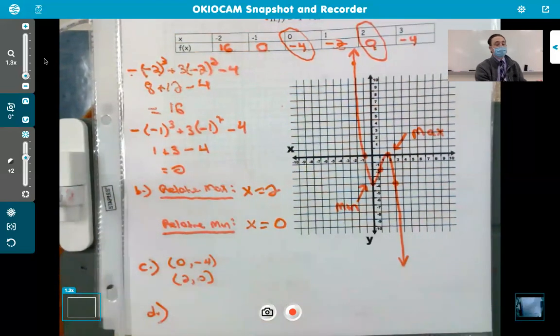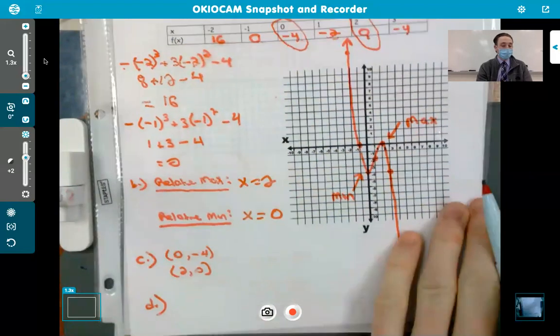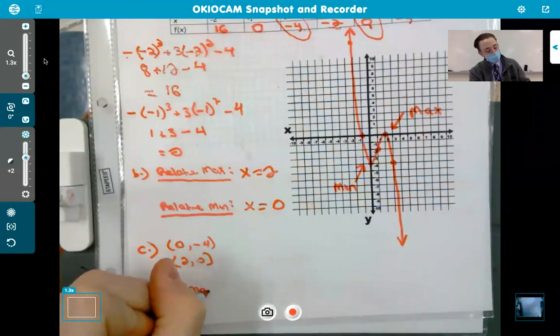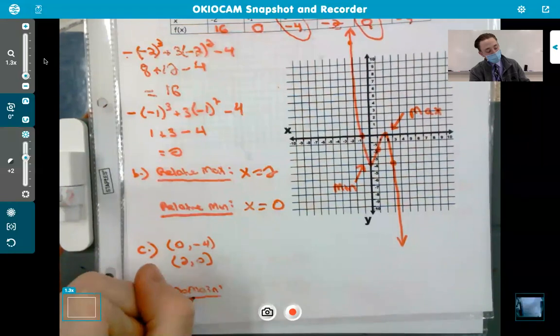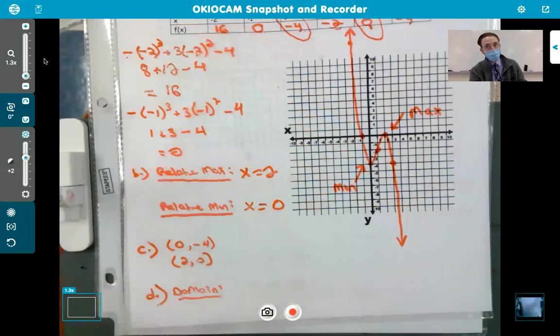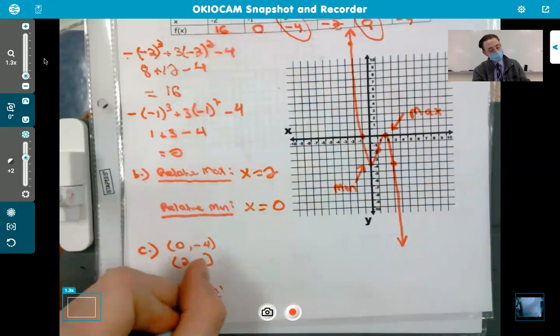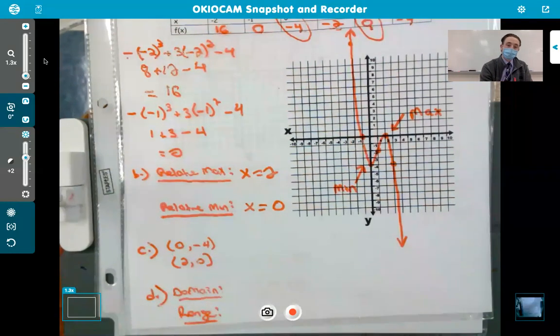Part D, find the domain and range. What was always our domain for these polynomial functions up until this point? We talked about this on Tuesday.